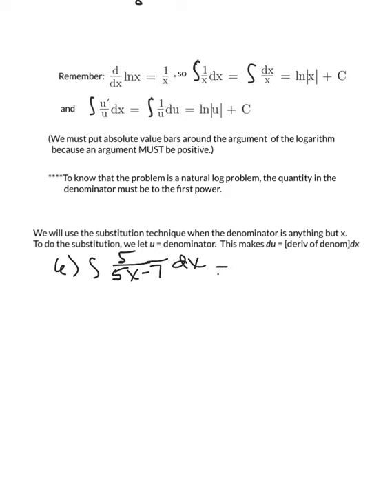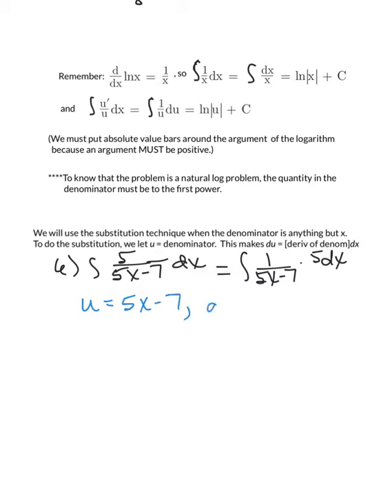We could think of this as being the integral of 1 over 5x minus 7 times 5 dx. On a problem like this, we have something other than x. We have 5x minus 7 in our denominator. We are going to let u equal that denominator of 5x minus 7.